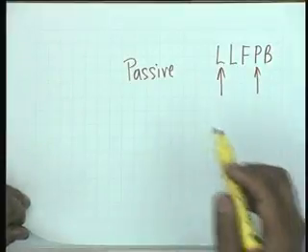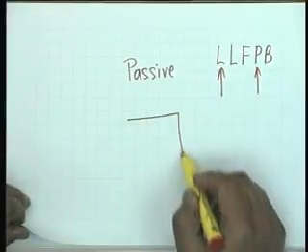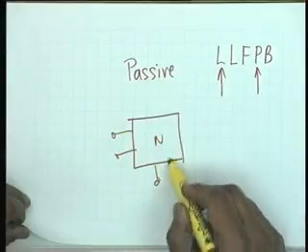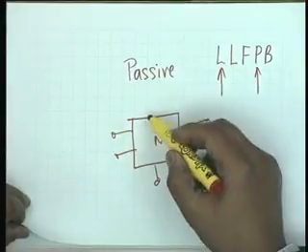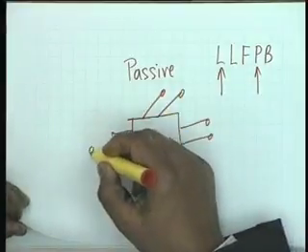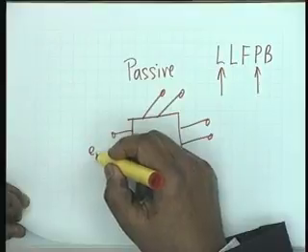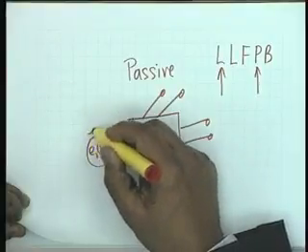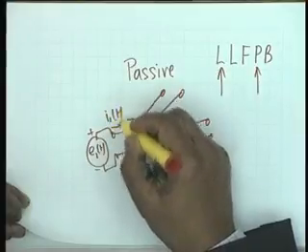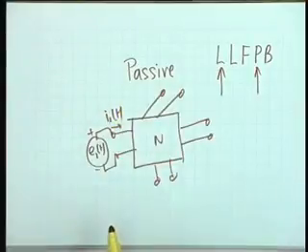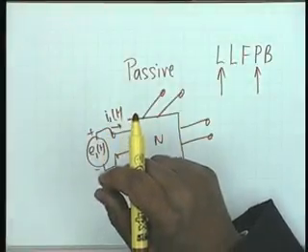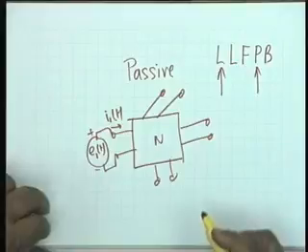A passive network is one in which, suppose you have in general a multi-port, many ports, and you connect voltage sources, let us say E1(t), and find the current I1(t). Or you could do it the other way around. You could put a current source and determine the voltage across the port.